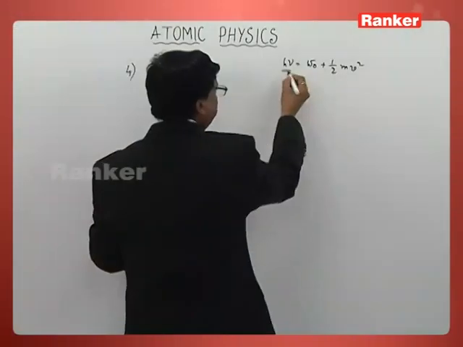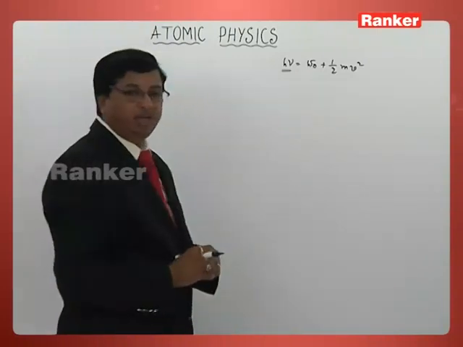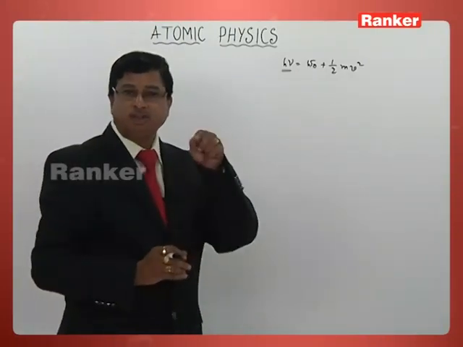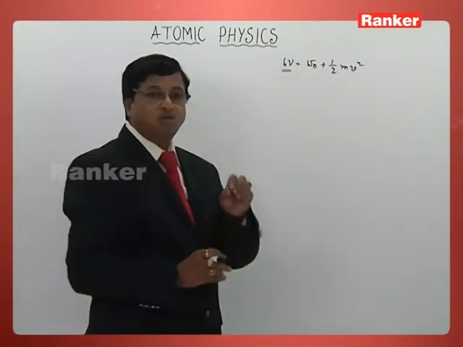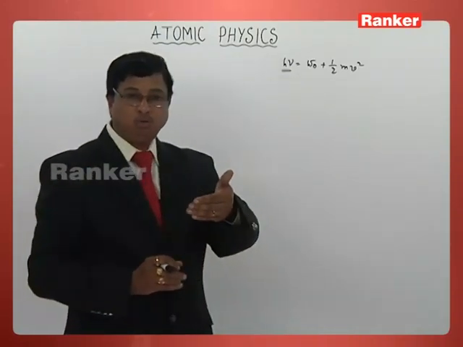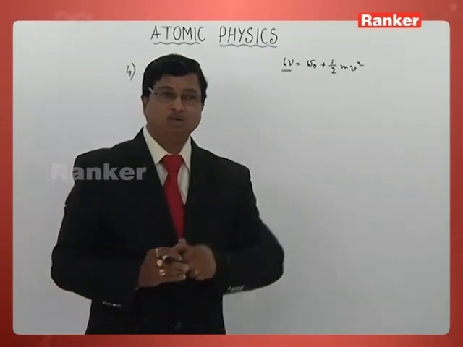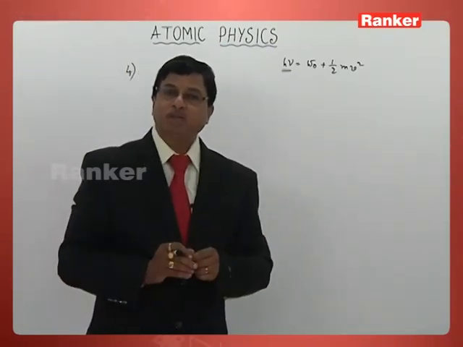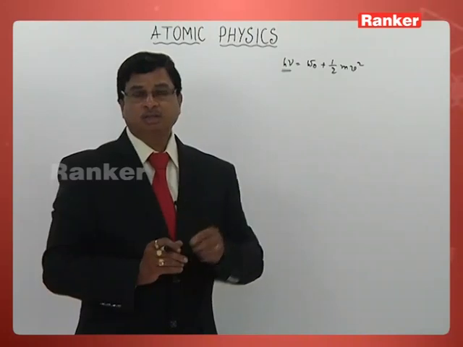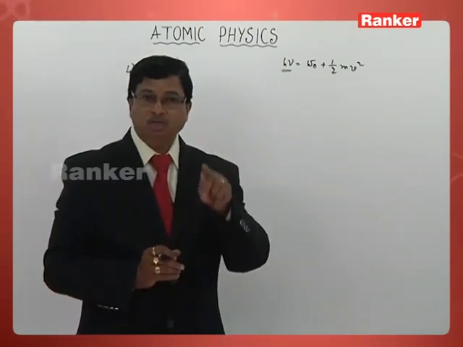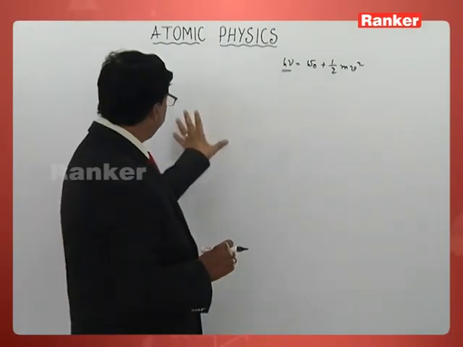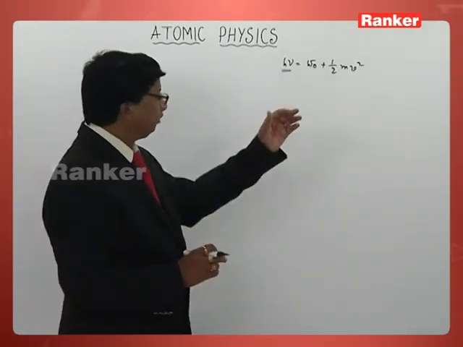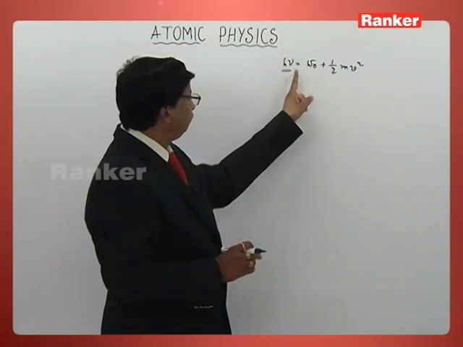If you recollect once again, h nu is the energy of the incident photon. W naught is the work function of the photosensitive material. Half mv square we call the kinetic energy of the emitted photoelectron. In fact most of our problems are directly based on this formula.